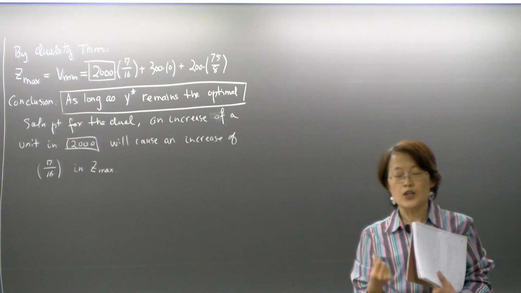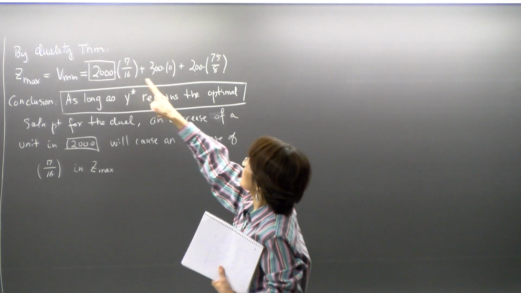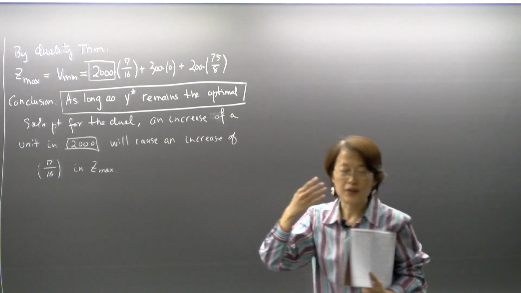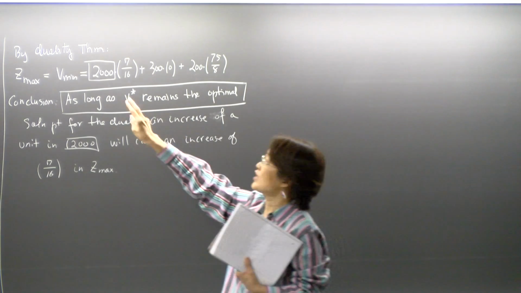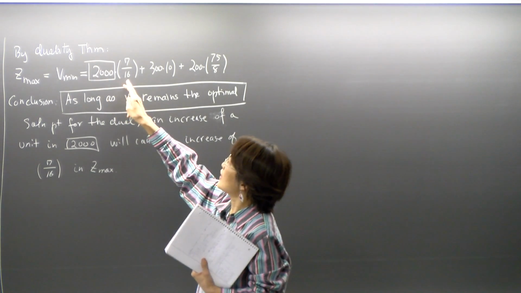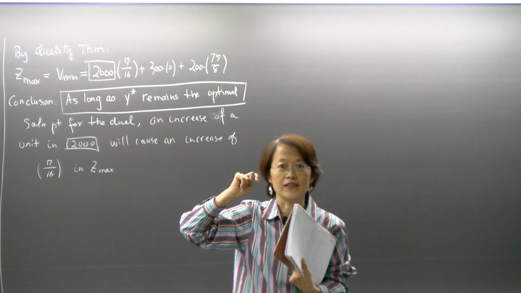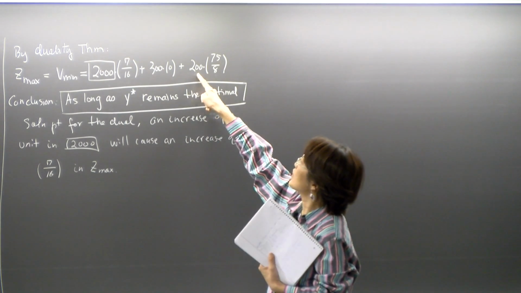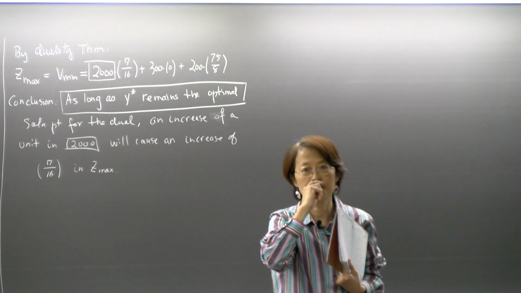Is that right? So in a way, you can say that these three numbers, there's some kind of a price tag, isn't it? If you change 1 unit of this, that's what it's going to cost you. Do you agree? In your profit. If you change 1 unit of your labor, that's how much it's going to cost you, right?